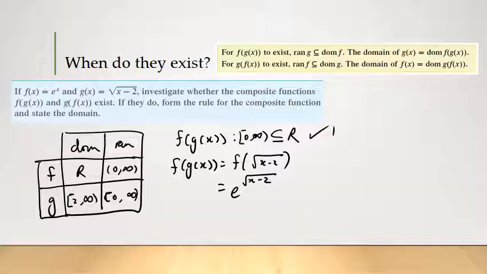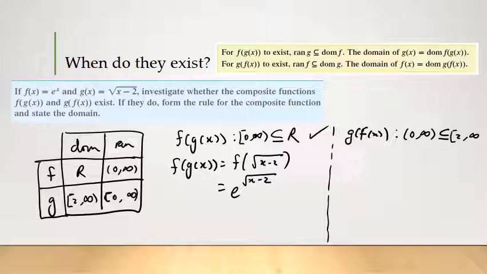And then let's check g of f of x. g of f of x would have the range of f, which is 0 to infinity, going into the domain of g, 2 to infinity.